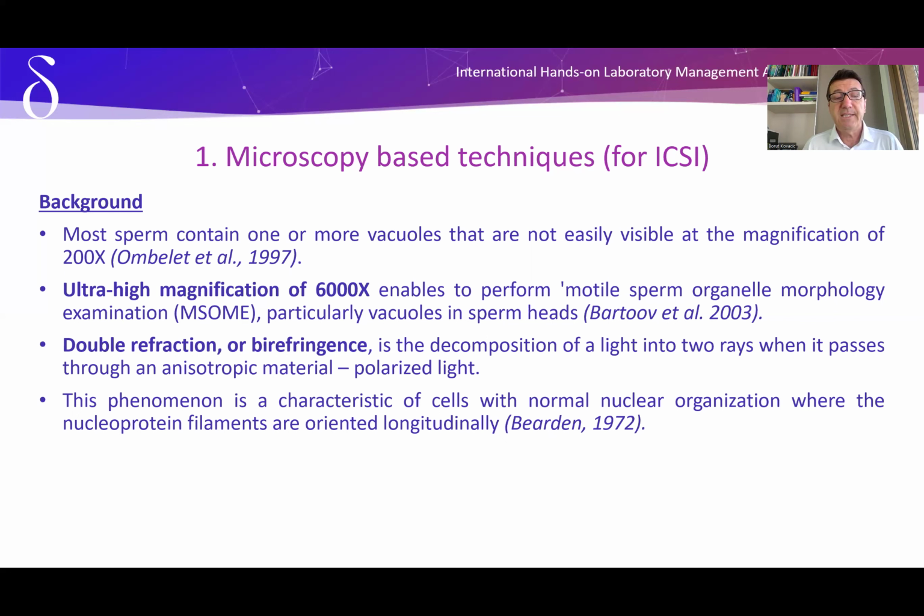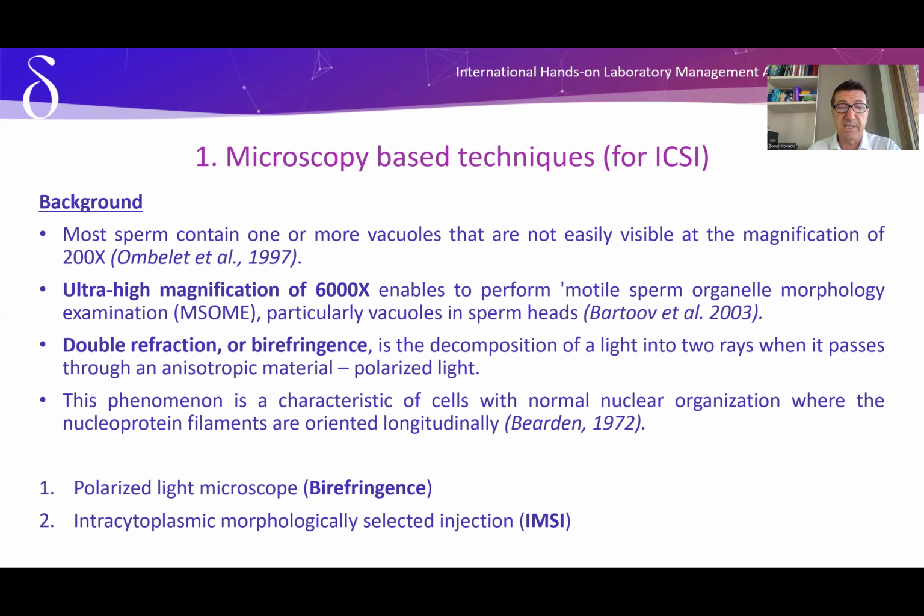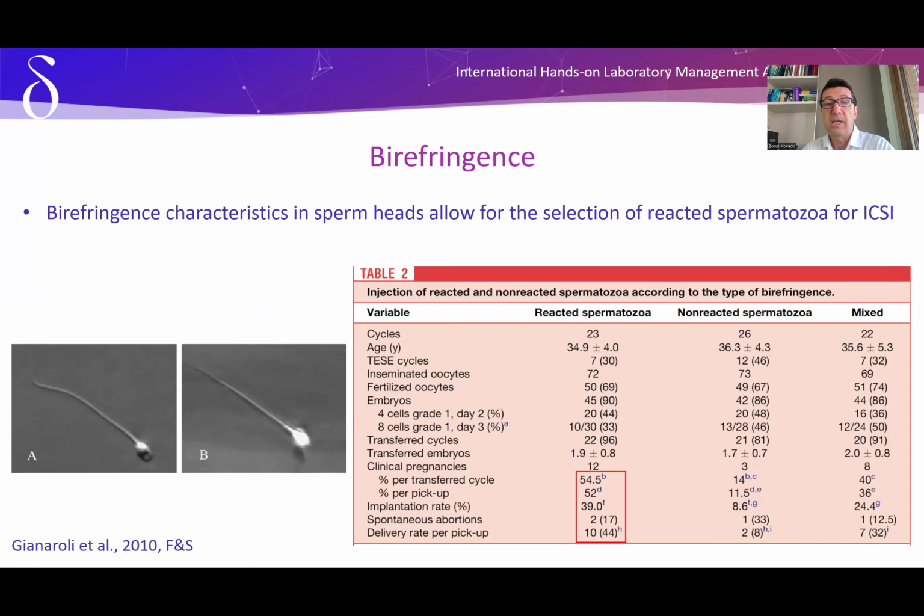And exactly this phenomenon is a characteristic of cells with normal nuclear organization, where the nuclear protein filaments are oriented longitudinally. So there are two methods. One is polarized microscopy, exploring birefringence, and the second one is the so-called IMSI method.